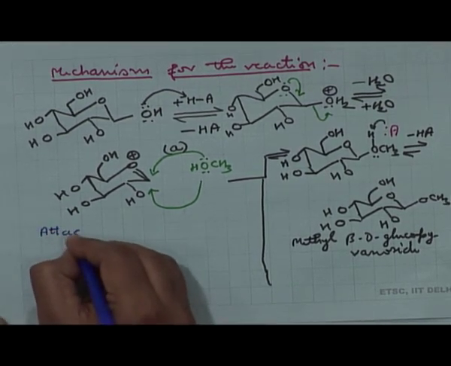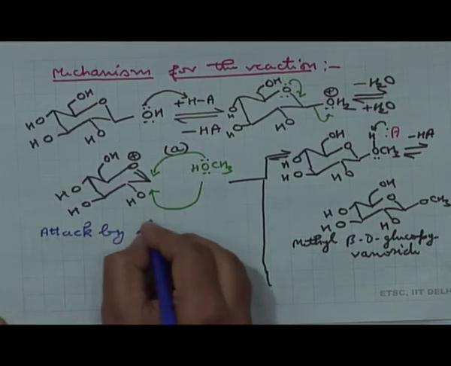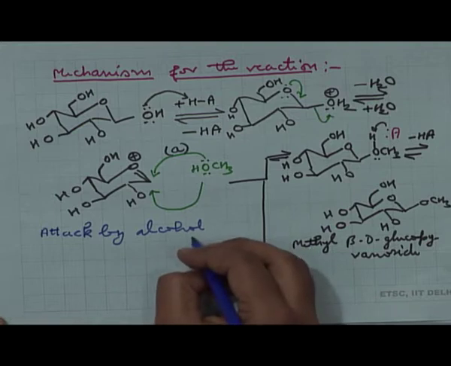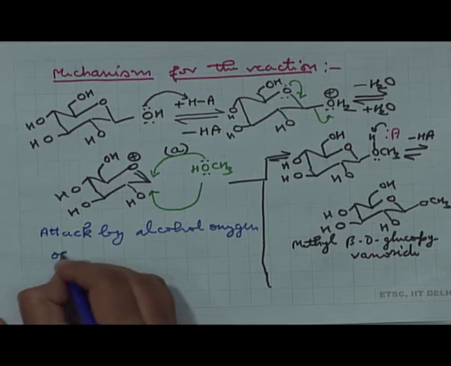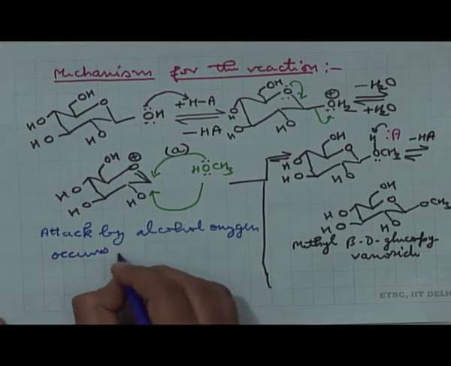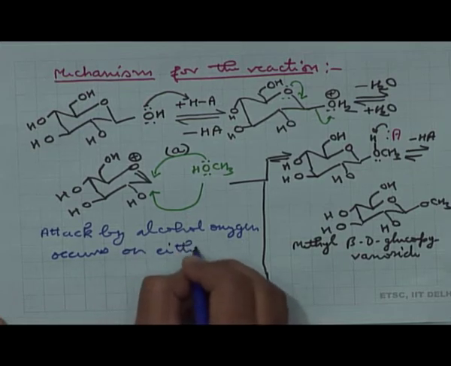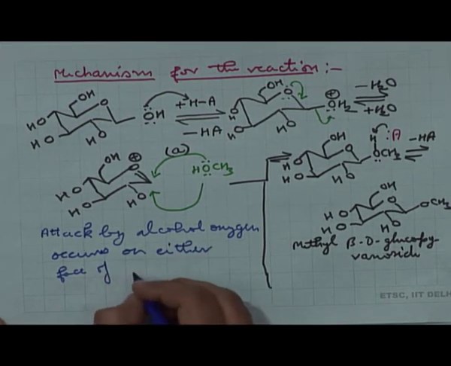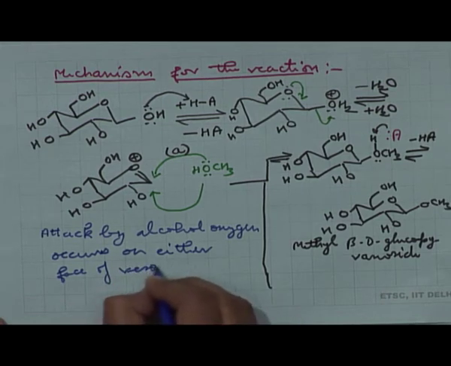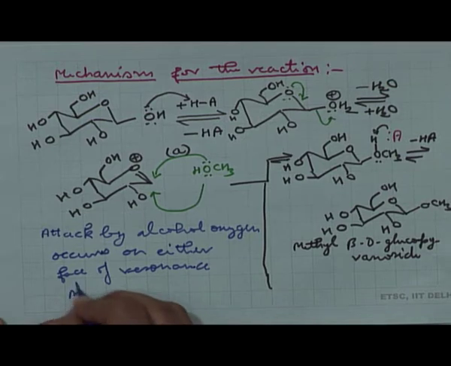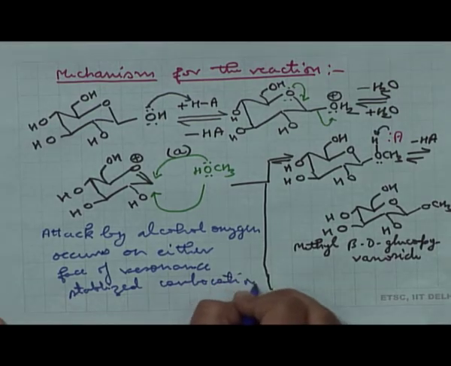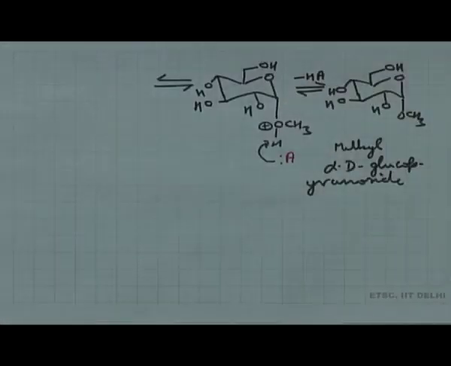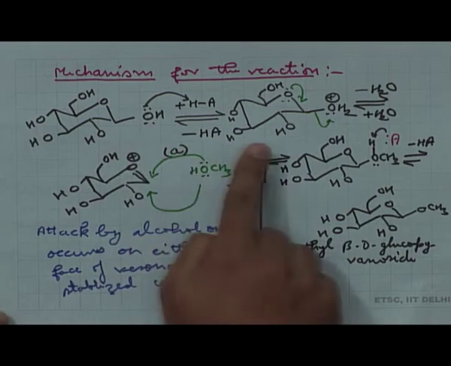So one thing I would like to mention is that this attack by alcohol oxygen occurs on either face of the resonance stabilized carbocation. Now glycosides are, you can see here, all these reactions are in equilibrium, they are all reversible.